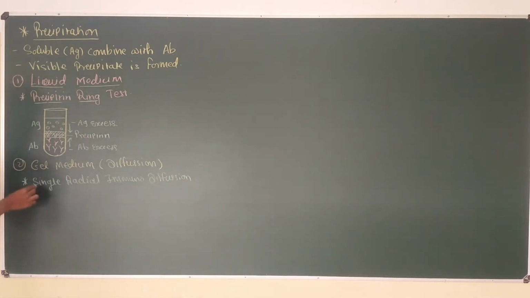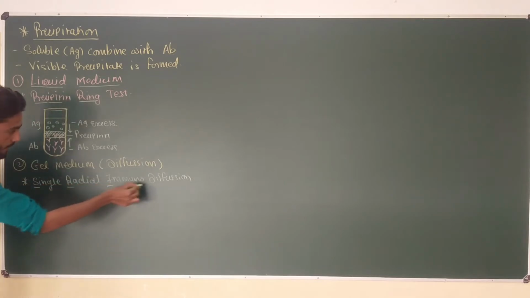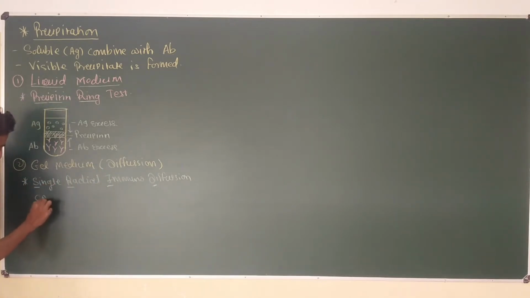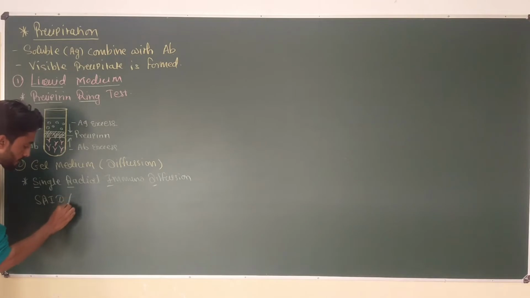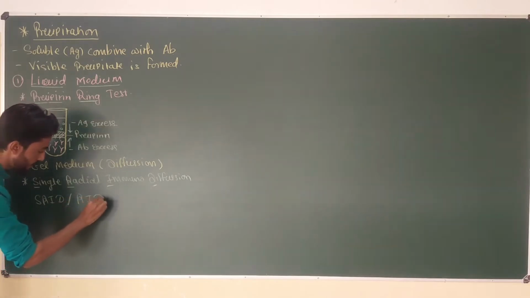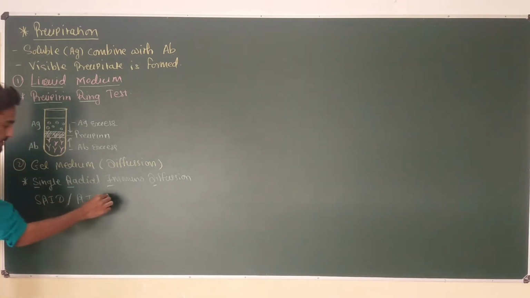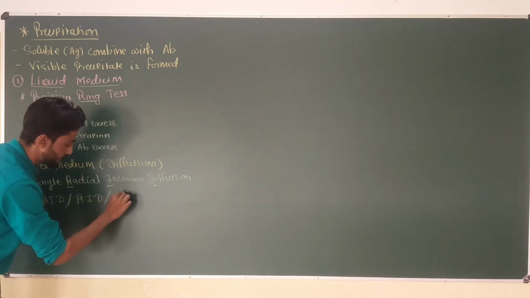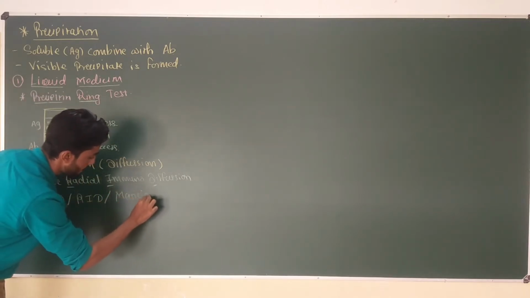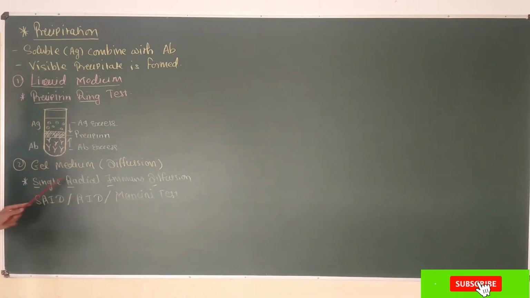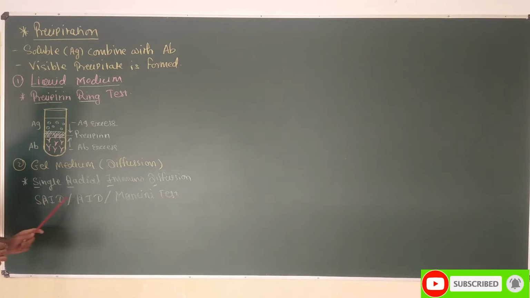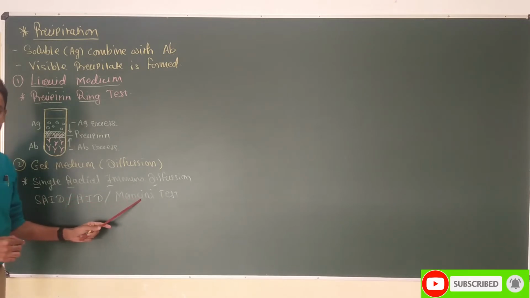This single radial immunodiffusion is also called SRID, or sometimes it is called radial immunodiffusion, that is RID. Another name of this type of reaction is the Mancini test. So all are the same: single radial immunodiffusion, or SRID, or RID, or Mancini test.